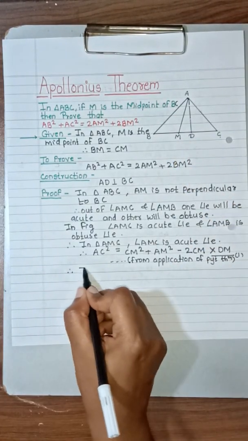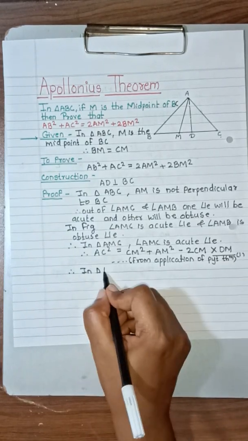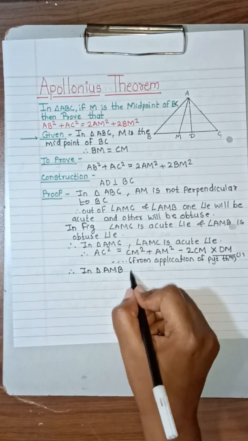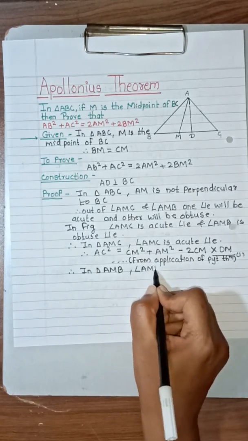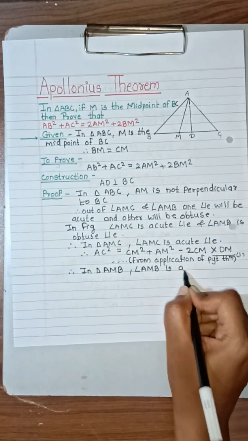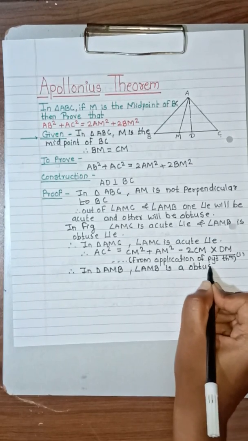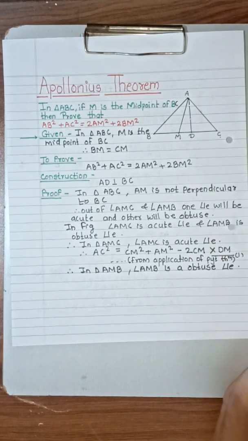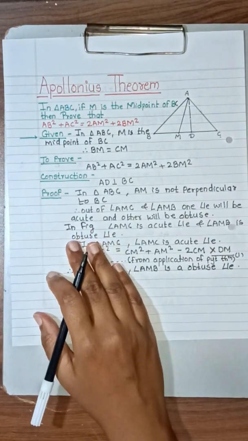Now let us consider triangle AMB. Therefore in triangle AMB, angle AMB is an obtuse angle. Children, now by applying the obtuse angle theorem, what do you come to know?